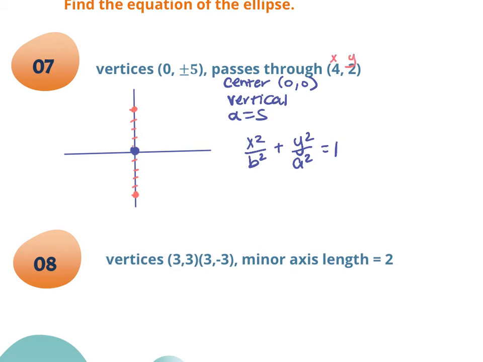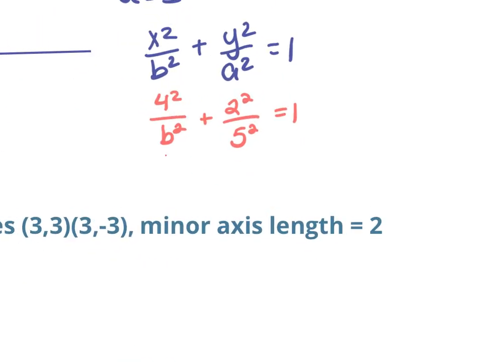That's an X and that's a Y. So I have 4 squared over B squared, that's my unknown, plus 2 squared over A, which we know is 5, squared equals 1. So I had an X, I had a Y, I had an A, I was only left with one variable. So 16 over B squared plus 4 over 25 equals 1.